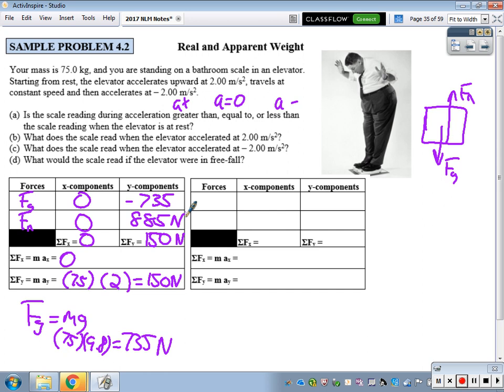Very similar situation for part C. Very quick with our table. Weight, normal force, zeros all through that. But now we have 75 kilograms times an acceleration of -2, which would give us a sum of -150. So if we started at -735 and we needed to get to -150, what would the normal force have to be?